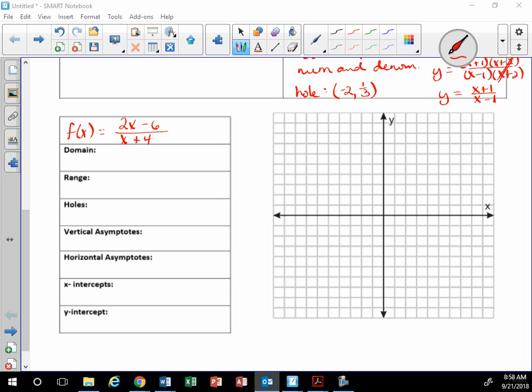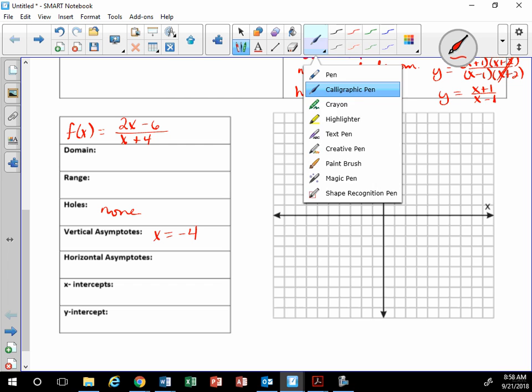Start looking at this. Do we have any holes? No, none. Where is my vertical asymptote? Okay, and write those as equations. So it is x equals -4.